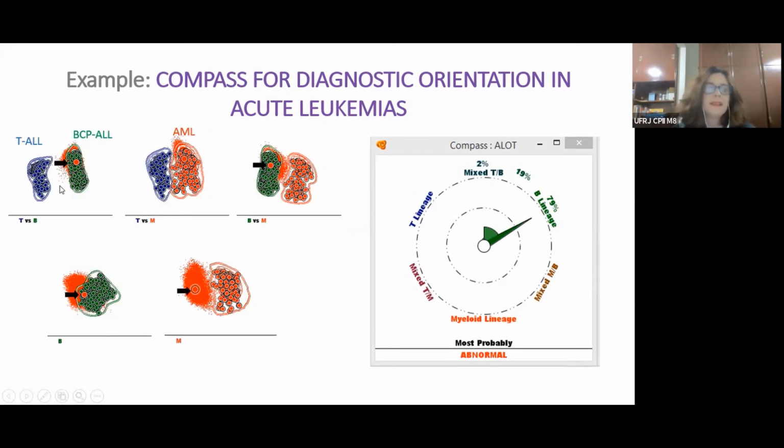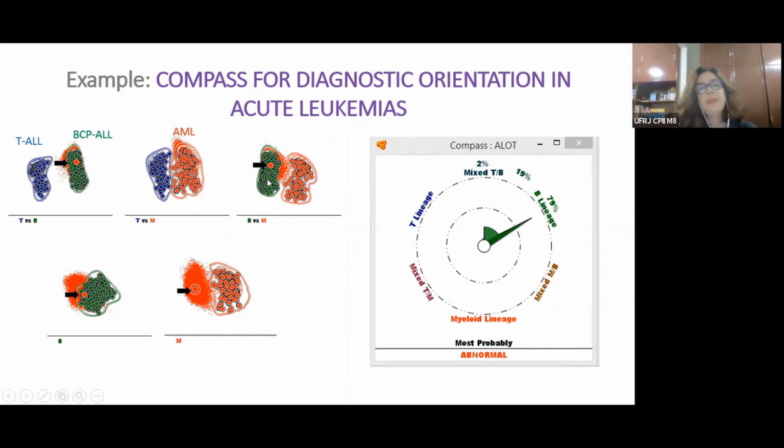And further, we can see my patient here when compared between a database of T-ALL cases and BCP ALL cases, and my case fits here. Also, when compared T with myeloid leukemias, my patient fits in myeloid leukemias.